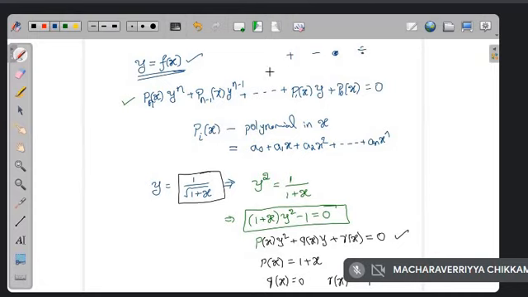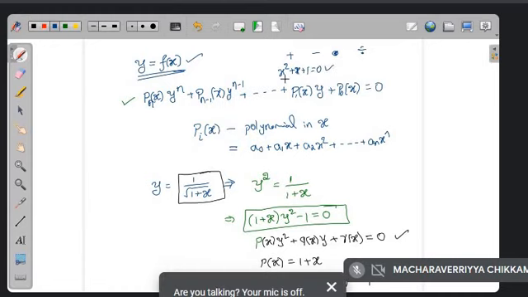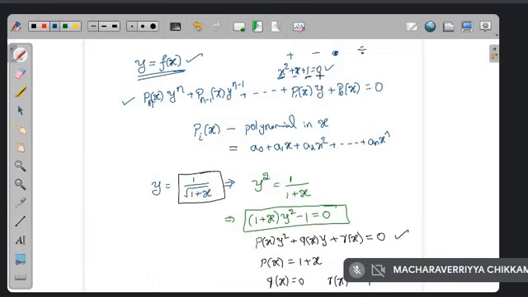If I take a polynomial like x squared plus 1 or x squared plus x plus 1, this is an algebraic function because I'm multiplying x and x to write x squared, and adding the terms x squared, x, 1. I'm writing this expression, so this function is algebraic.